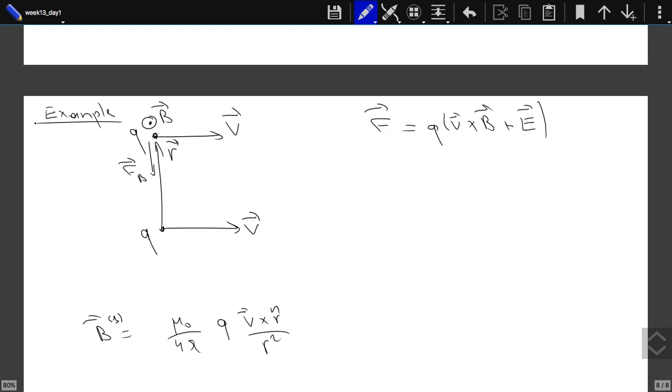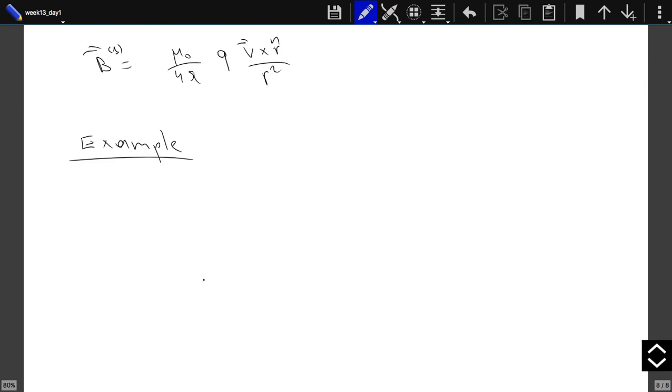Well, let me first say one more weird thing, and then we can all go. Let's just imagine these two charges. Now, you had already said that for this above charge, the magnetic field created by the lower charge will be out of the screen.